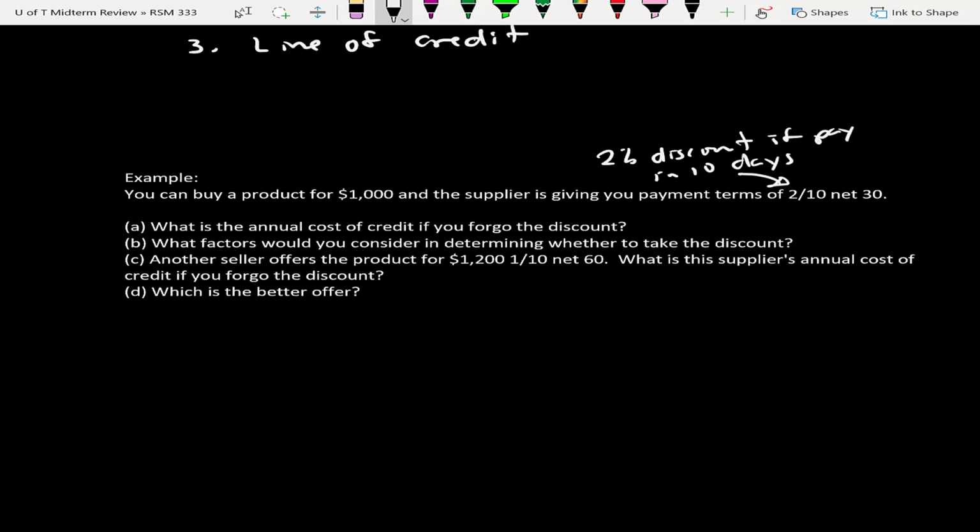The textbook does it one way. I'm going to use a formula which I think is a bit simpler. You're looking at the annual cost, which is just a percentage.